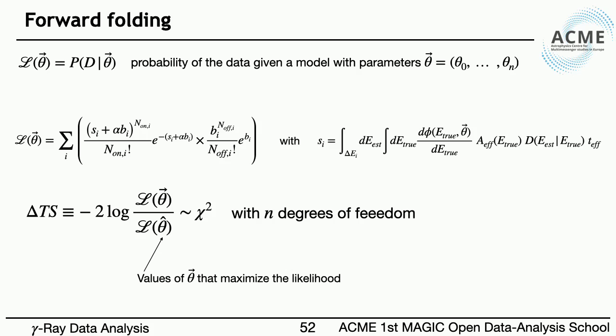This statistic can be used for estimating the model parameters. This time, instead of having one single parameter of interest, that was the expected signal counts, we can have many parameters of interest. And so the chi-square will have n degrees of freedom, where n is the total number of parameters in our model.